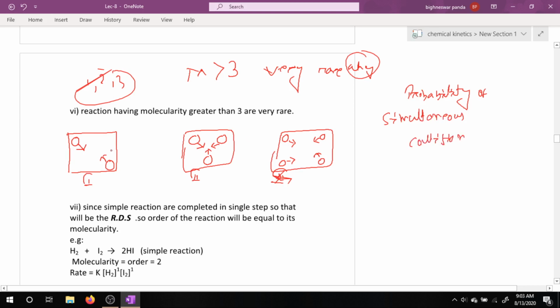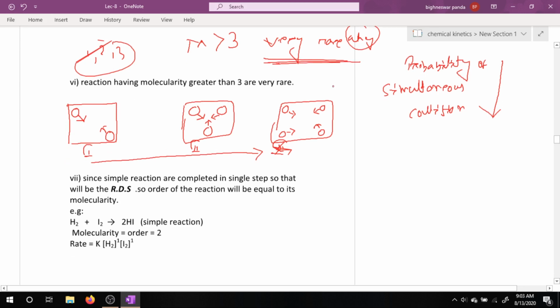Here two molecules will collide at the same instant, here three, here four. On moving from 1 to 3, the probability of simultaneous collision decreases. Since the probability of simultaneous collision decreases, molecularity greater than 3 is very rare.